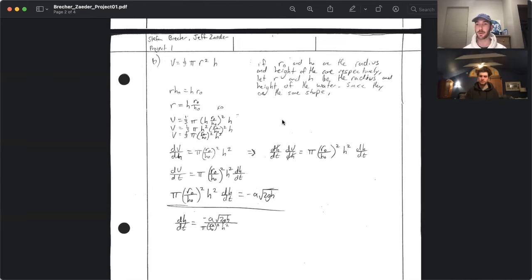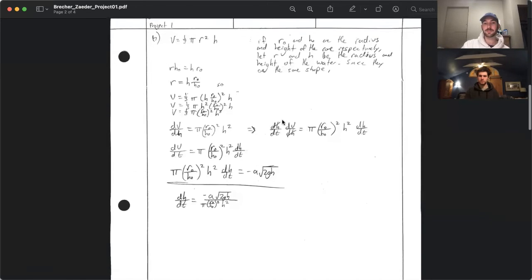So we multiplied both sides of the dV/dh by dh/dt to get dV/dt. So volume in terms of time, our equation is pi times r naught over h naught squared, h squared dh/dt.